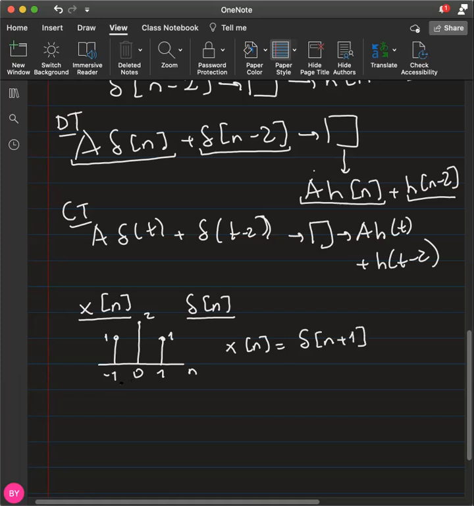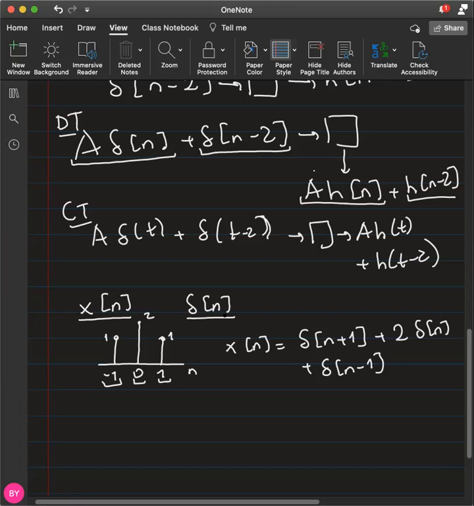This is n plus 1, right? This part. And then plus 2 Dirac n plus Dirac n minus 1. This is Dirac n minus 1. This is 2 Dirac n. So I can represent any signal like this using linear combination of shifted versions of my impulse function.